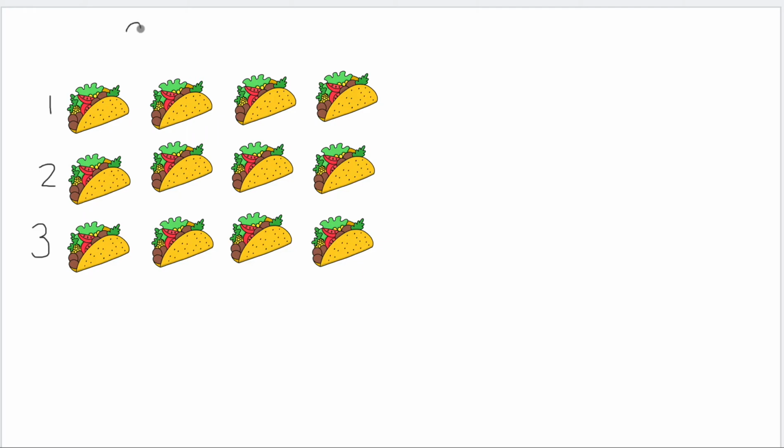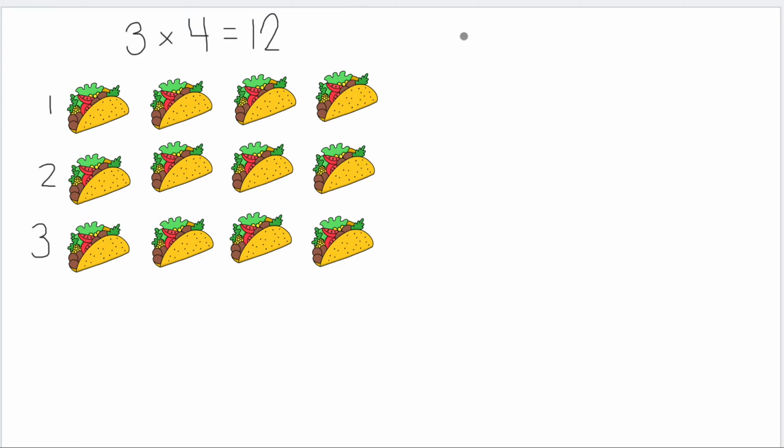We have 3 rows of 4 tacos. So that is 3 times 4 equals 12 tacos all together.